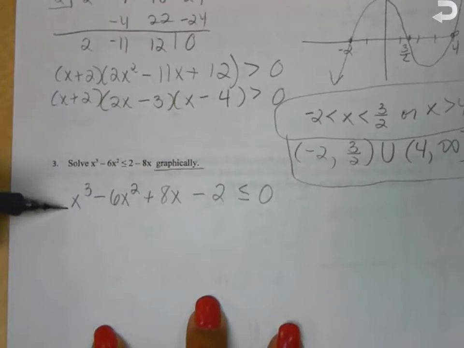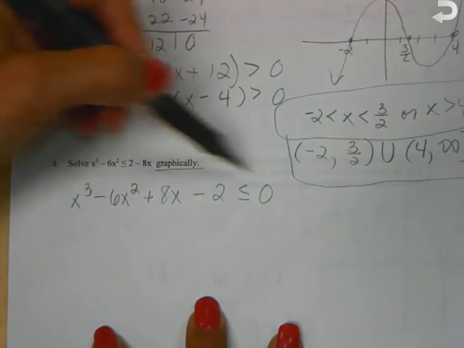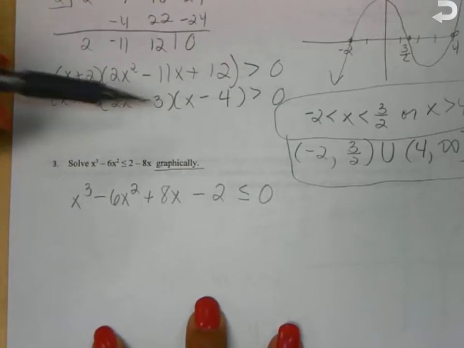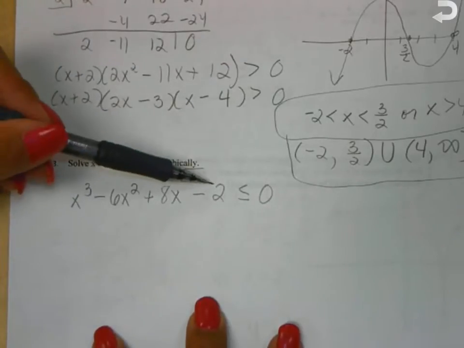And I can see the similarity between this question and the question up above, that I have a cubic function with a positive lead coefficient. So it's going to resemble the graph very similar to number 2, where it's going to start at -infinity, possibly hit the x-axis 3 different times, possibly only once, maybe 2 times. It could be a double root.